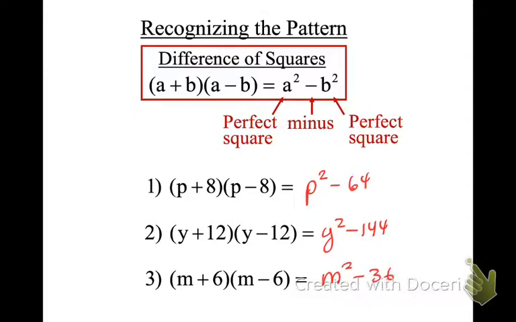Okay, so we square the first term. We square the last term. And the symbol we put in the middle is a minus sign. When do we use this pattern? What does it look like when it comes to us? Adam?